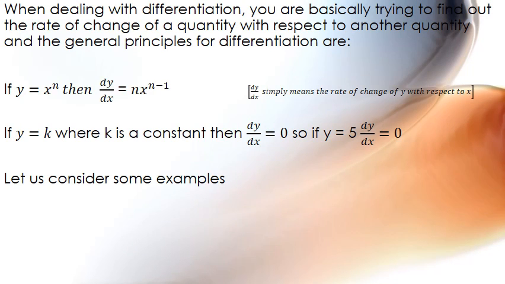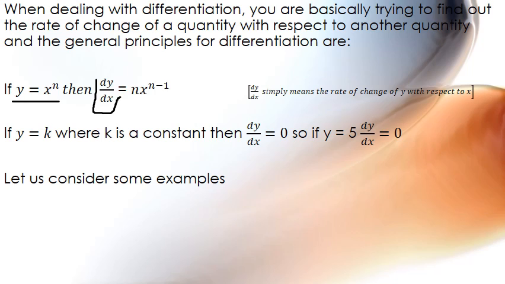When dealing with differentiation, you're basically trying to find out the rate of change of a quantity with respect to another quantity. And the general principle of differentiation is: if you have y equals x raised to the power n, then dy/dx, pronounced dy dx, which means the rate of change of y with respect to the rate of change of x.